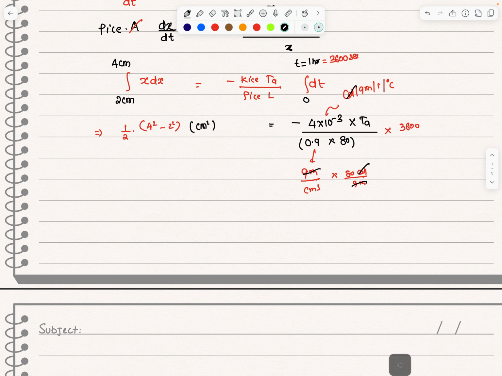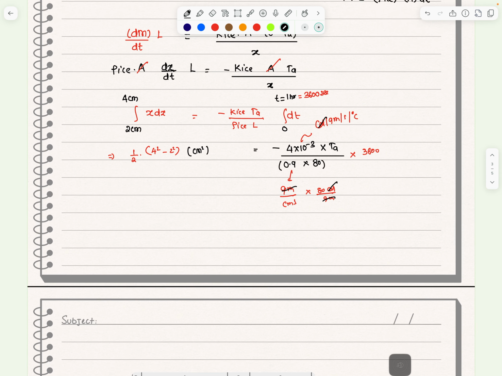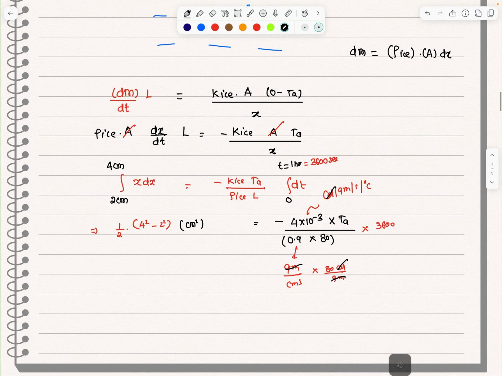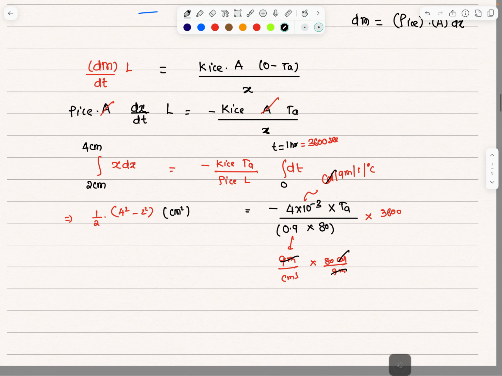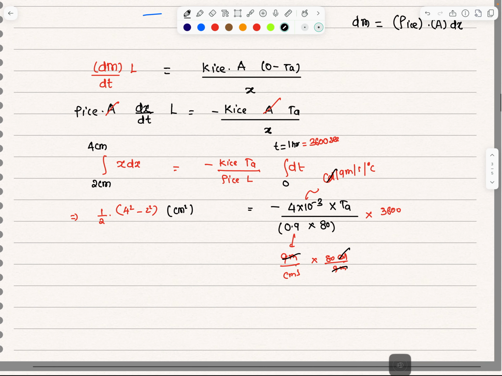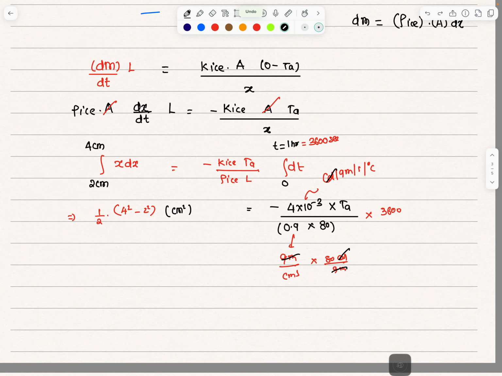Okay, and fine. What else gets cancelled? Centimeter cube was there here. It is basically calorie per this. So this centimeter cube will go in the numerator, and some more centimeters should come in the picture. Where am I missing? Wait a minute. No, it seems everything is fine.